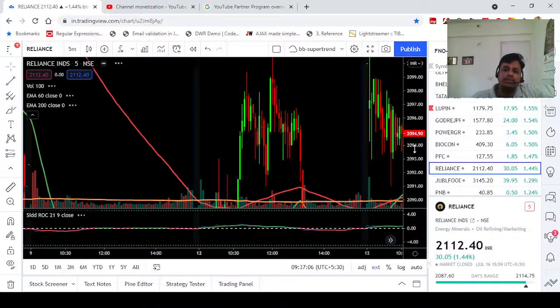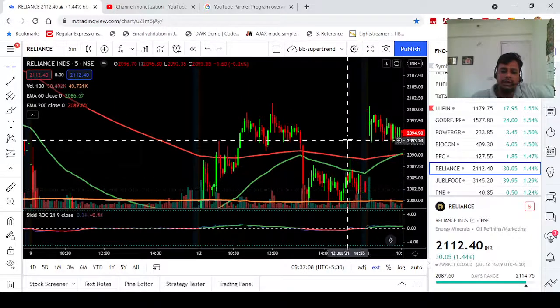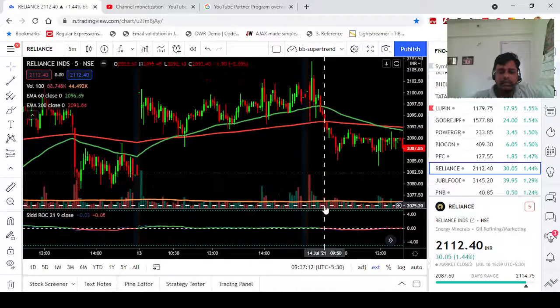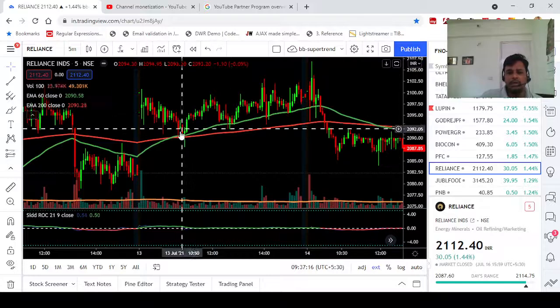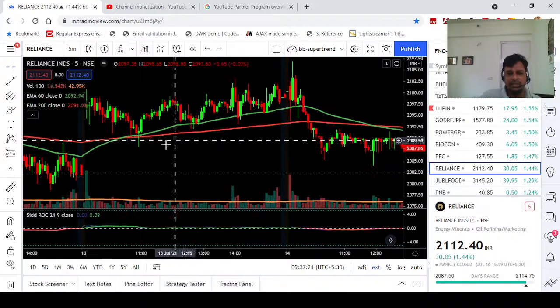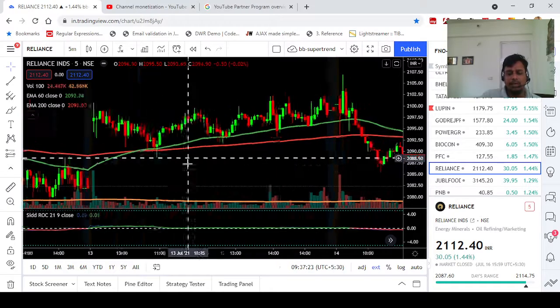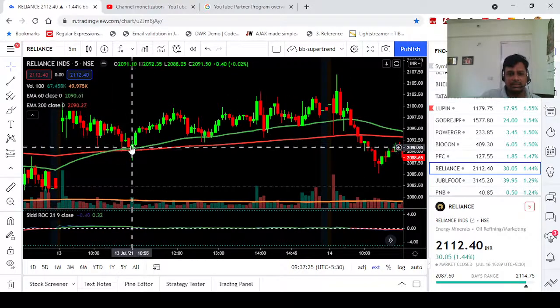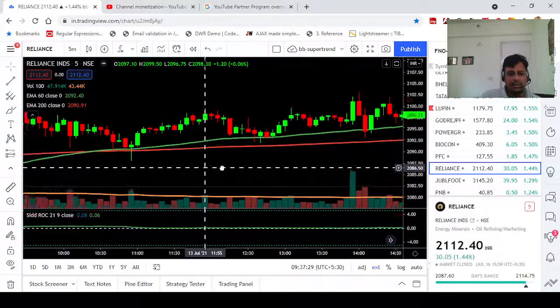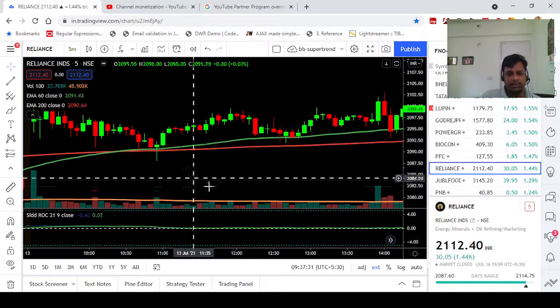And I will add one more thing here: don't try to be very smart near this area, don't assume things. See how things are happening. See, here in Reliance, this candlestick is like a bullish hammer.